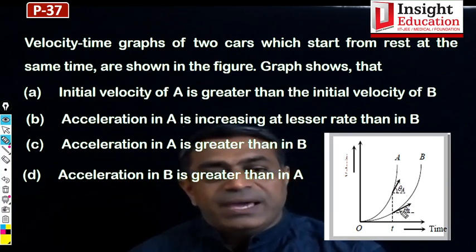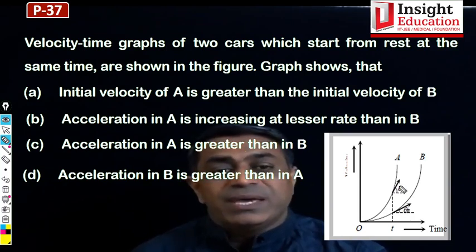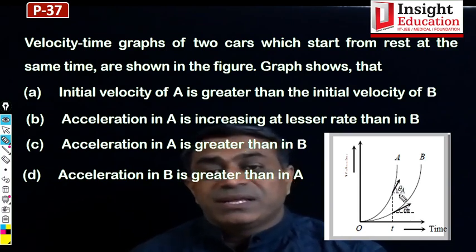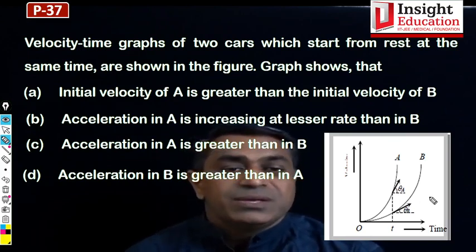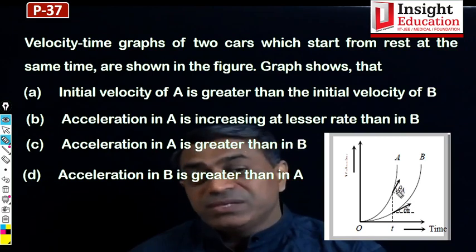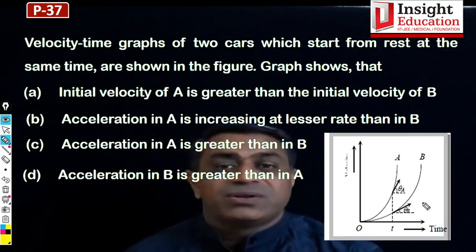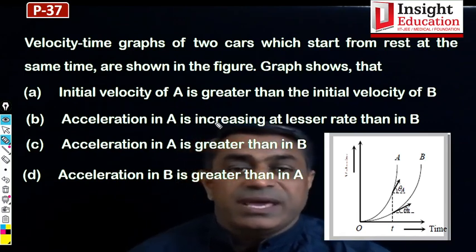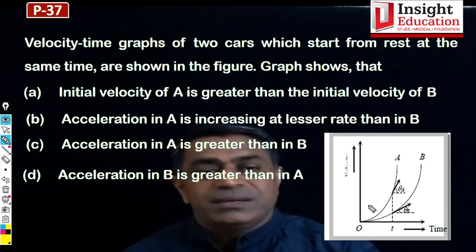So theta A and theta B: slope theta A is greater than theta B. Slope greater means acceleration is greater. So acceleration in A is greater than B. Yes, that is possible. Acceleration in B is greater, no, that is not possible. Acceleration in A is increasing at a lesser rate than in B.